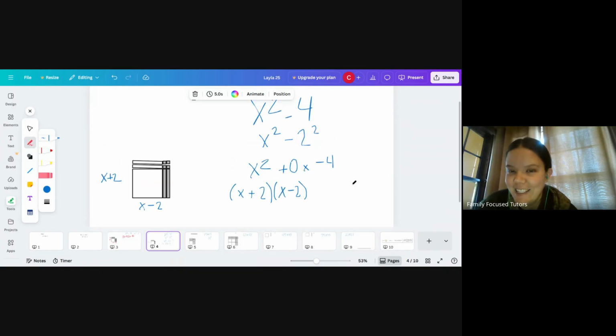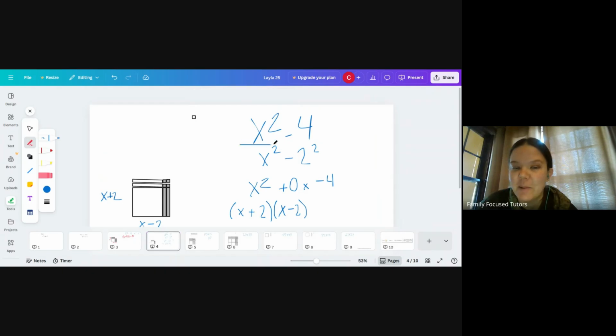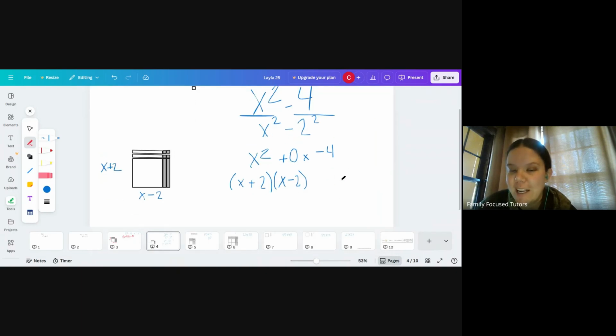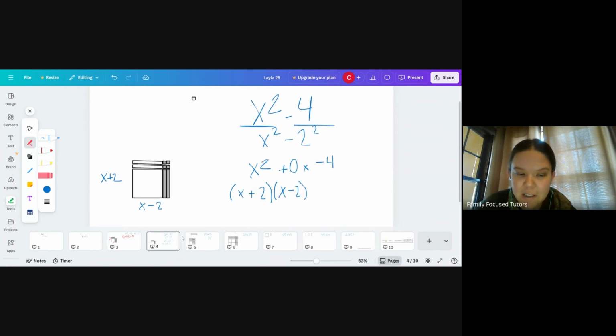So when you have a difference of squares, so when this number is a perfect square and this number is a perfect square, they're both perfect squares, we can rewrite it.